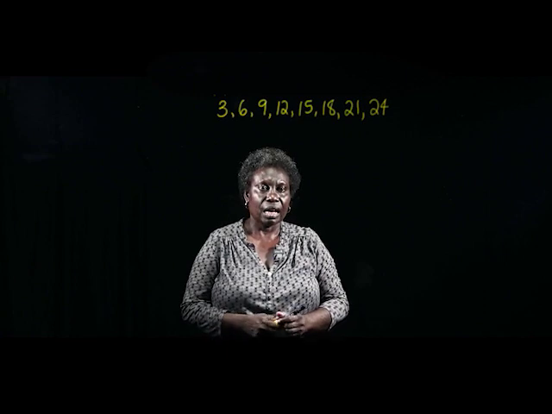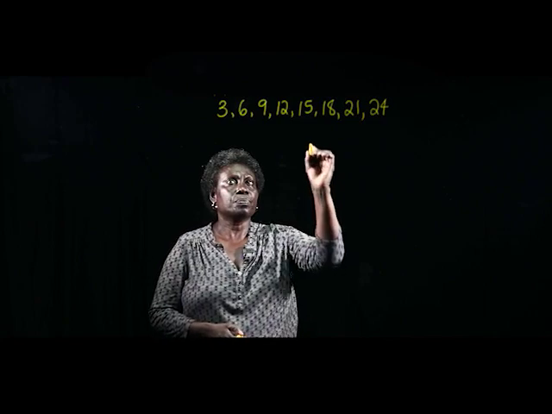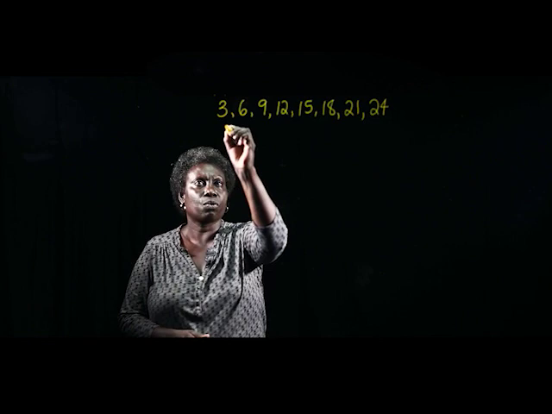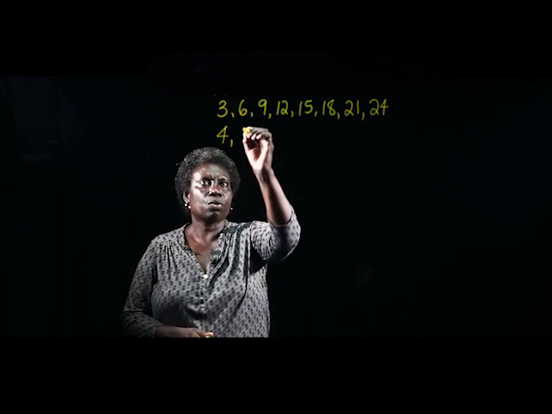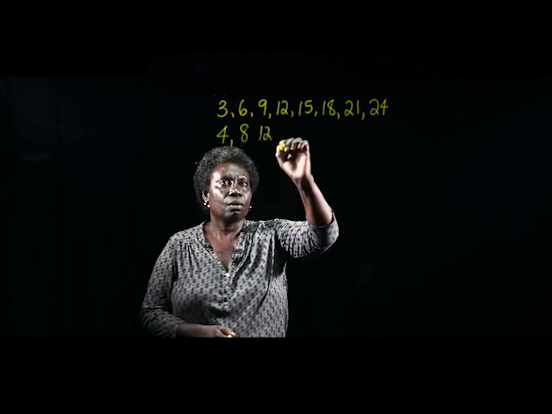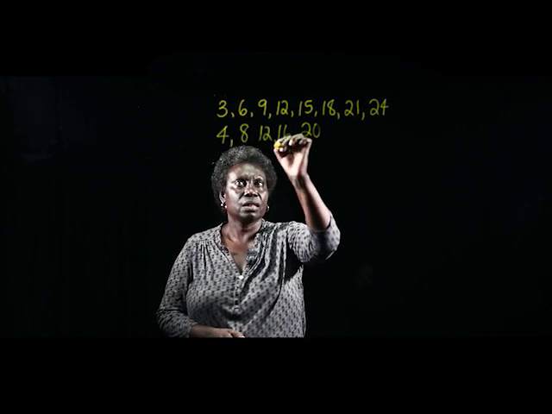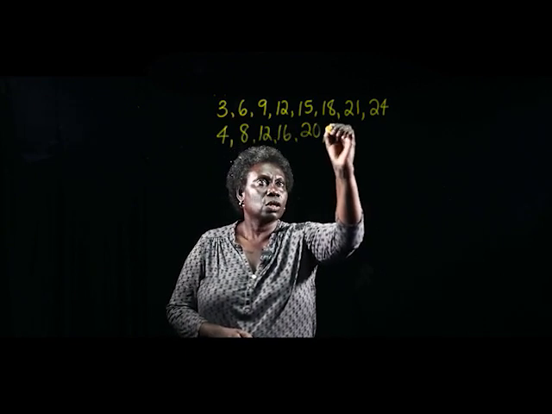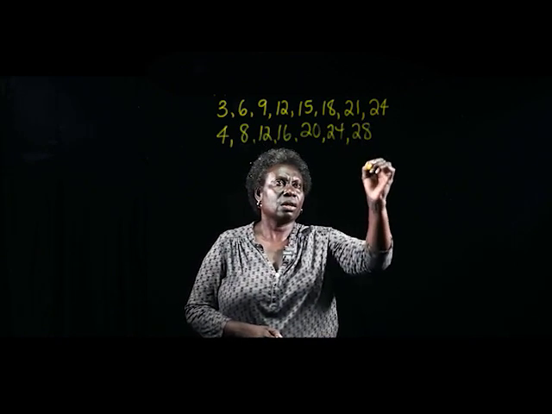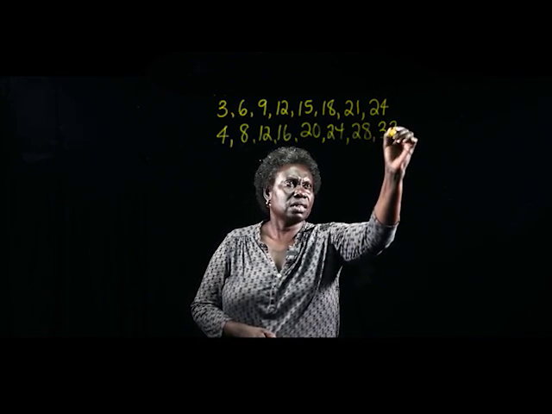Let's look at the first multiples of 4. We'll look at the first 8 multiples of 4. So we start with 4. 4 times 1 is 4. 4 times 2 is 8. 4 times 3 is 12. 4 times 4 is 16. 4 times 5 is 20. 4 times 6 is 24. 4 times 7 is 28. 4 times 8 is 32.